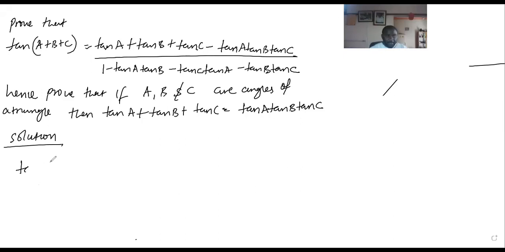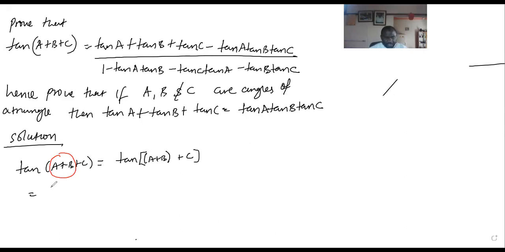For example, tan of A plus B plus C can be got from this: you first take the first two. You can treat the first two as one angle. When you treat them as one angle, you will have tan of (A plus B) plus C, and expand that one.